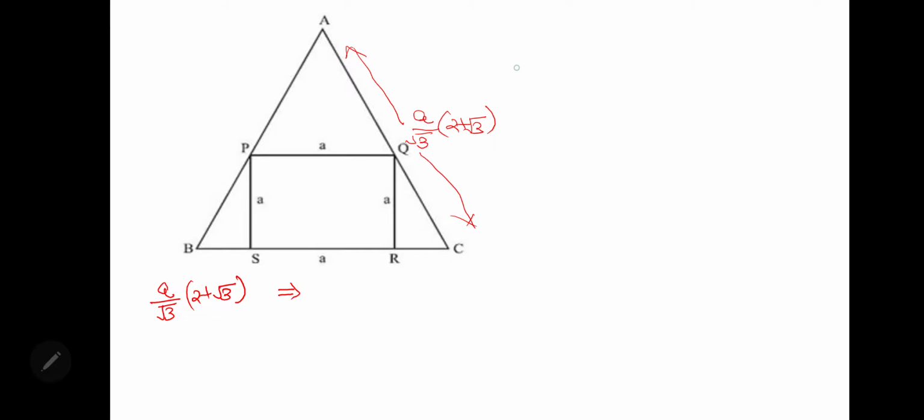And what is my formula? The formula of an equilateral triangle's area is root 3 by 4 side square, correct? So can I write it as root 3 by 4 times the side, which is given as a by root 3 times (2 plus root 3), the whole square, correct?